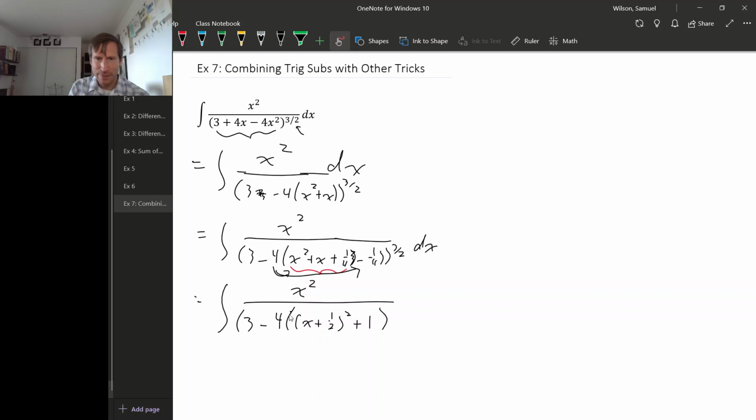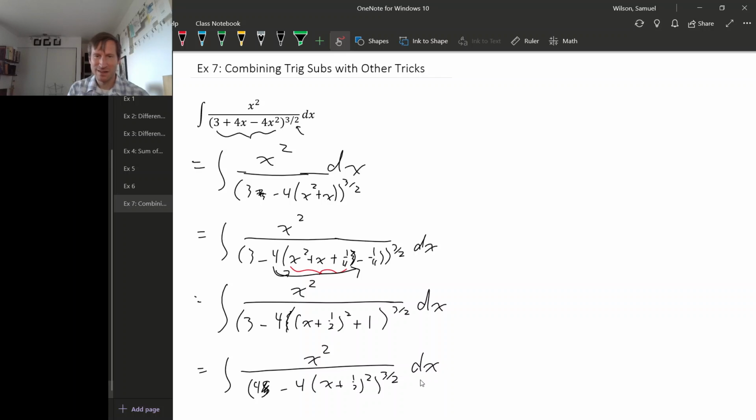All to the 3/2 dx. So x squared over, sorry, not 5, 4 times x plus 1/2 squared, to the 3/2 dx.